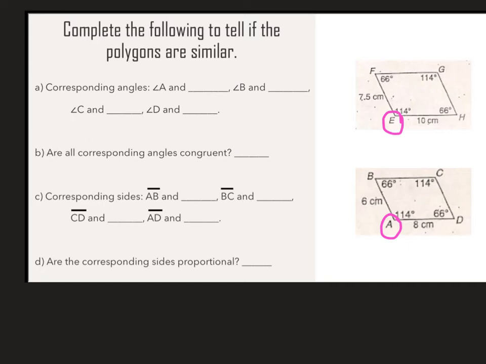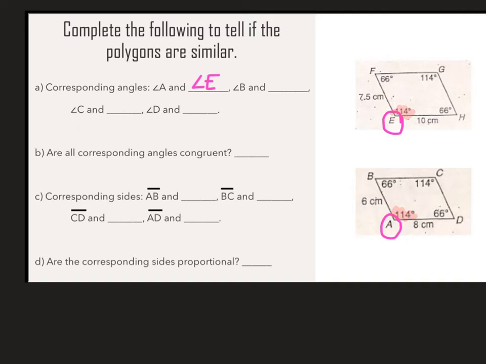So all I have to do, this little symbol here that I'm about to draw, is just angle E and angle A correspond with each other. You can also notice that they're the exact same degrees, 114 degrees, 114 degrees, which is super important. They need to match perfectly to be corresponding.